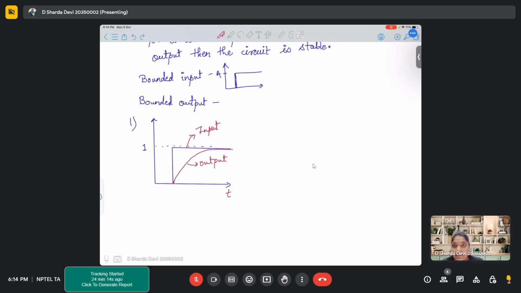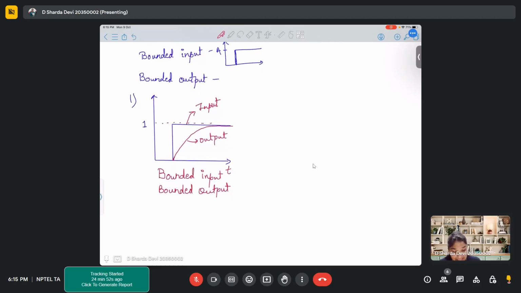It is in a transient condition, but in steady state it is a stable situation, right? At the end, it will stabilize and reach your output value or a constant value, correct? Yes, ma'am. So this is a bounded input, bounded output condition, which means your circuit is stable.